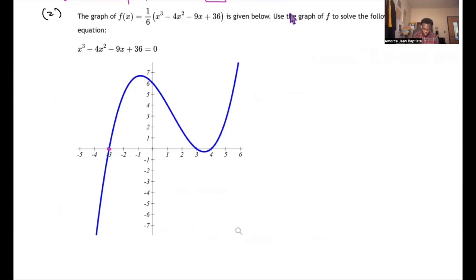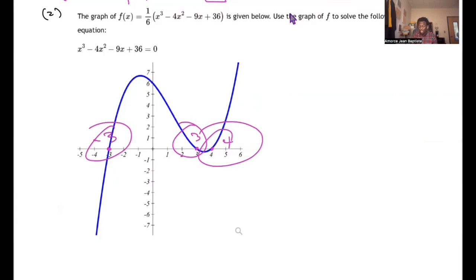That's x equals -3, x equals 3, and x equals 4. But let's imagine we didn't have all of them.